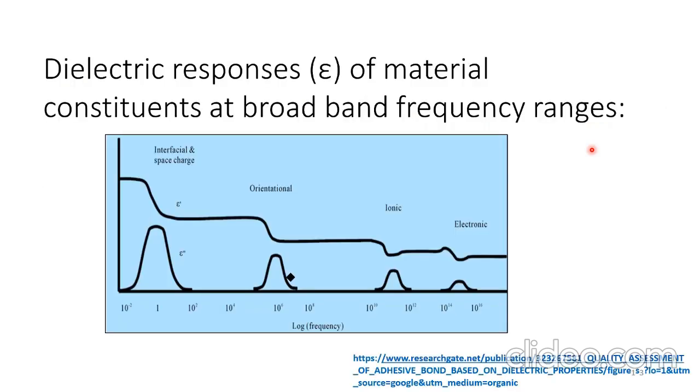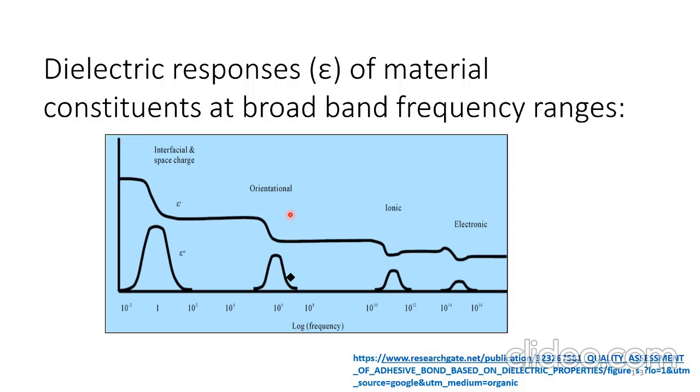So the dielectric response of the materials can be observed over a broad range of frequencies. Suppose electronic polarization will be around 10 to the power 13 or 15, and for the ionic polarization it will be around 10 to the power 11.